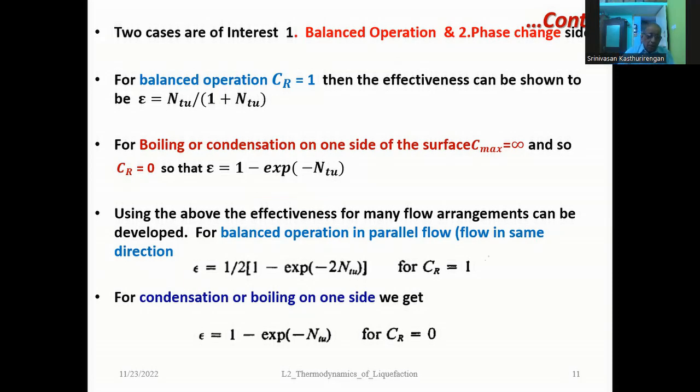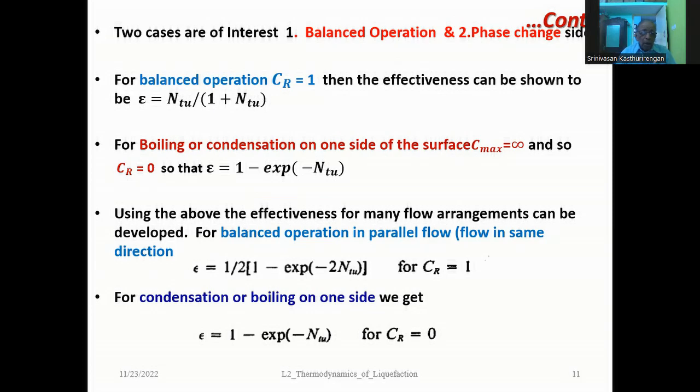That is, the capacities of hot and cold fluids are the same. Therefore, Cmin by Cmax is equal to 1. In such a case, you can simplify the above expression, and the heat exchanger effectiveness can be shown to be epsilon equal to NTU divided by 1 plus NTU. Number of heat transfer units divided by 1 plus number of heat transfer units.